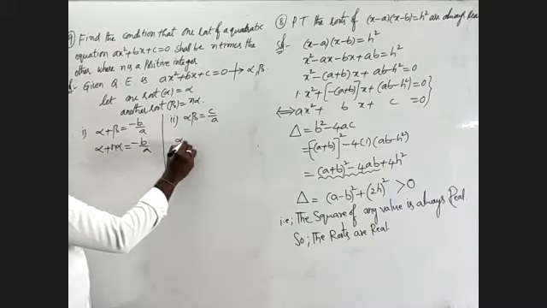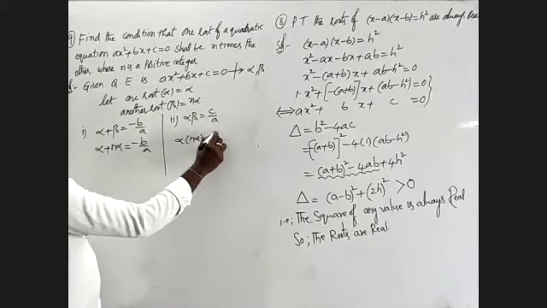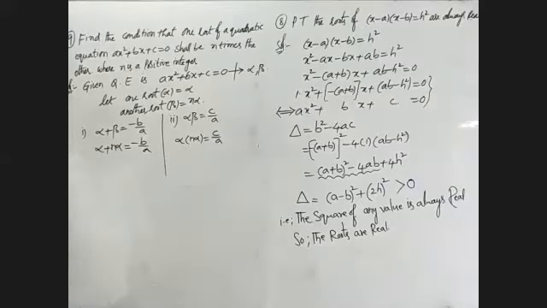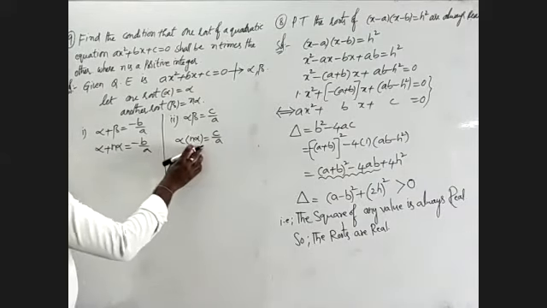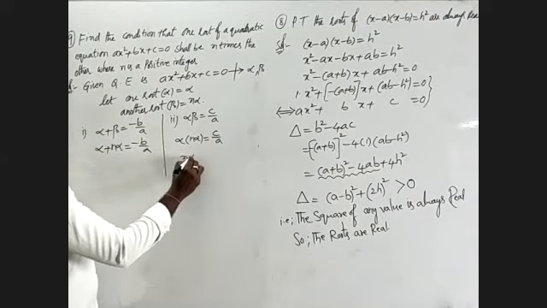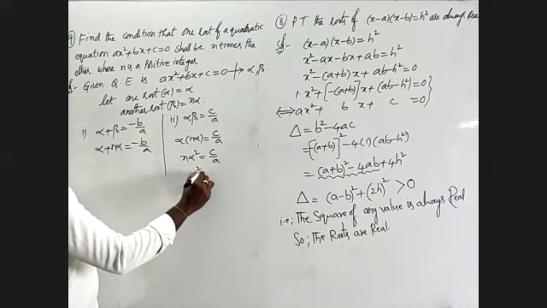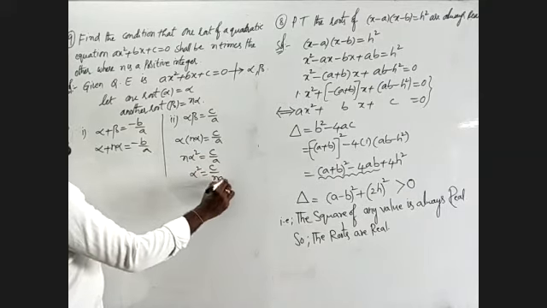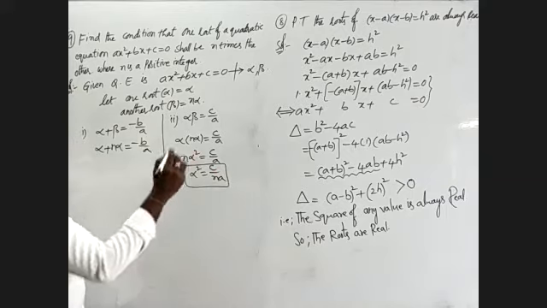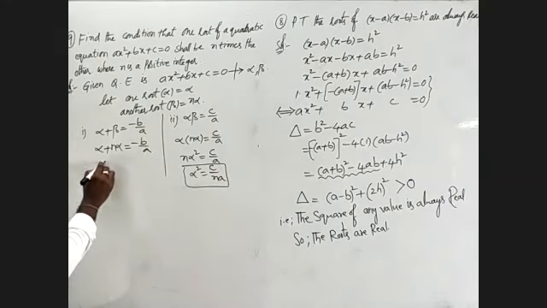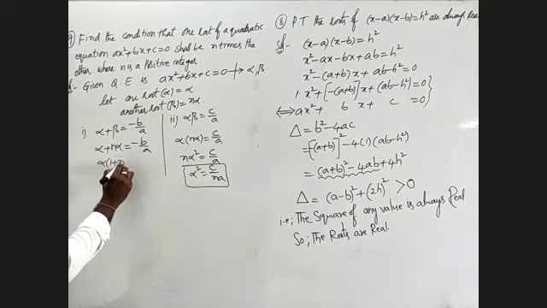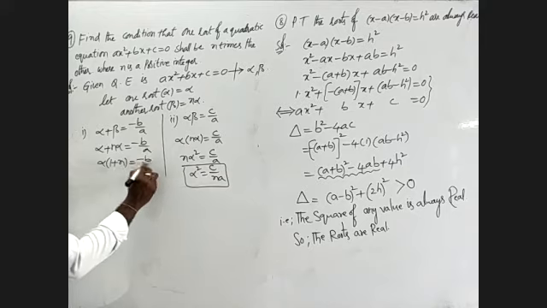Where alpha is alpha, beta is n alpha: alpha plus n alpha is equal to minus b by a, and alpha into n alpha is equal to c by a. But alpha into alpha is nothing but alpha square, so n alpha square is nothing but c by a. Alpha square is equal to c by n a. Here also I will take alpha common, remaining 1 plus n is equal to minus b by a.